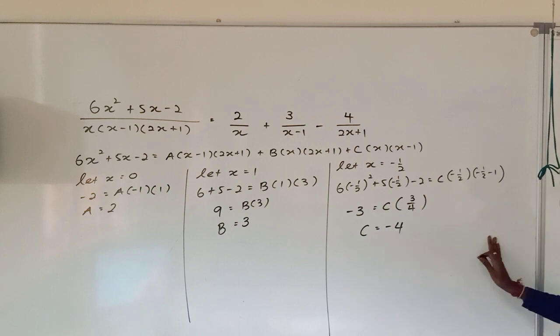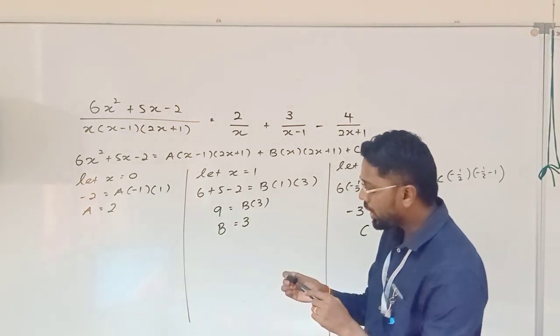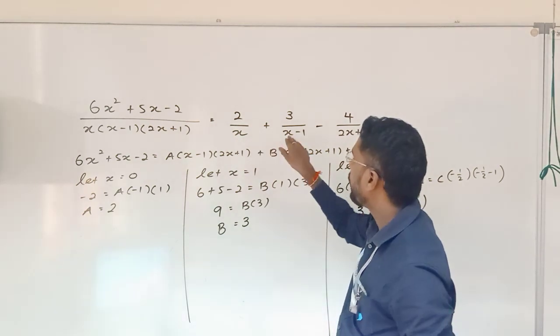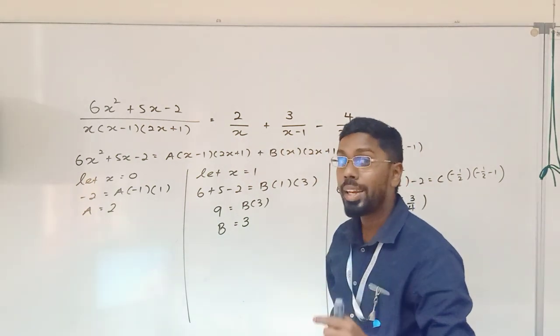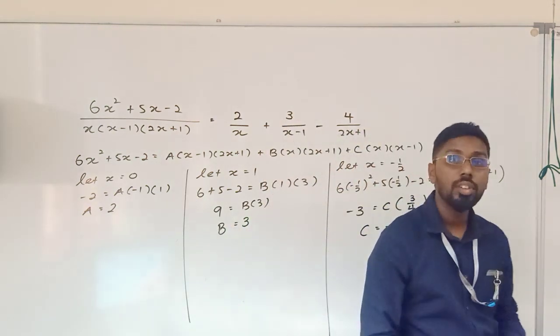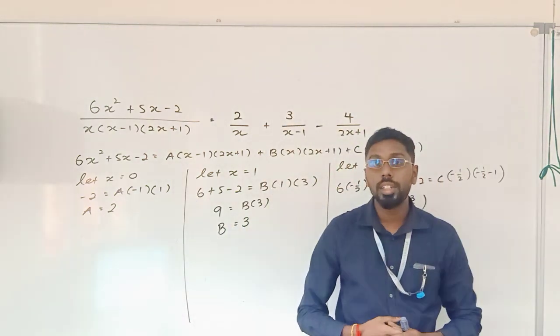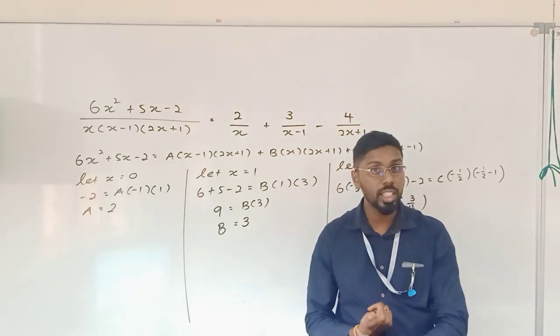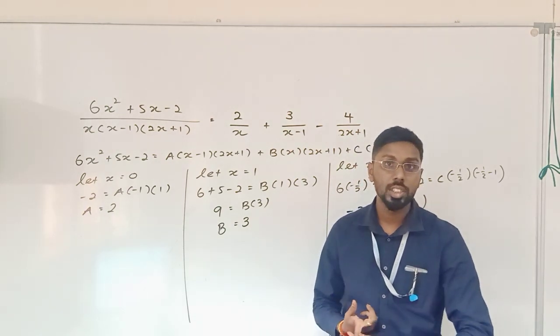So this is how we transform a fraction into linear partial fractions where the denominators are linear. Next we'll look into when the denominators are non-linear. It can be a quadratic or repeating factor. So later we'll look into that.